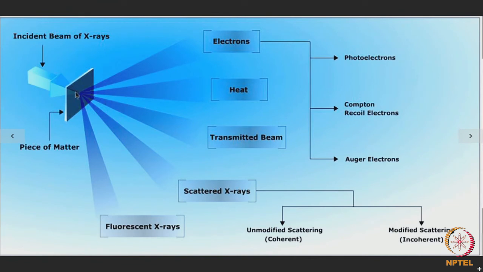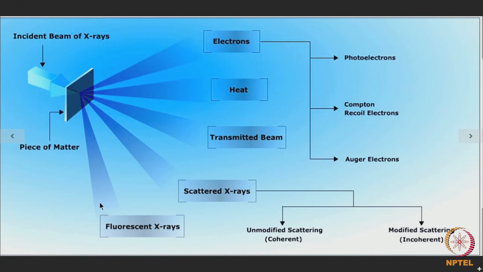So, a major part of the incident beam will pass through the matter. So, it will give you a transmitted beam, a lot of heat will be generated, and a few electrons will be produced, quite a bit of scattered X-rays will be produced, and fluorescent X-rays will be produced.